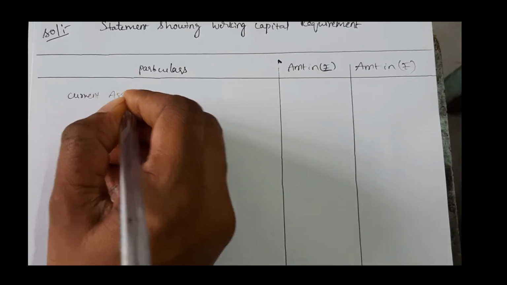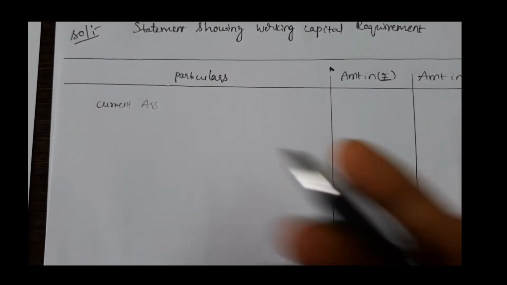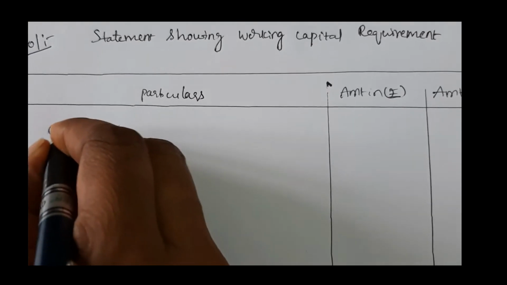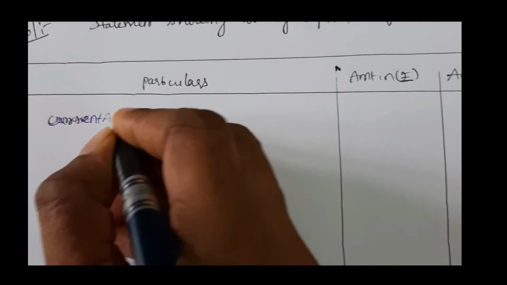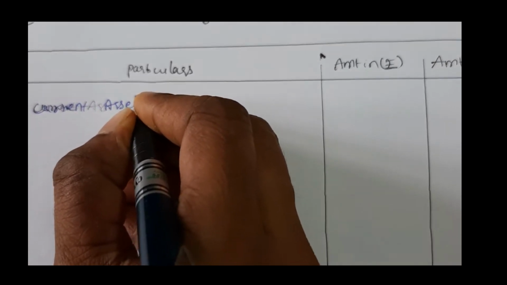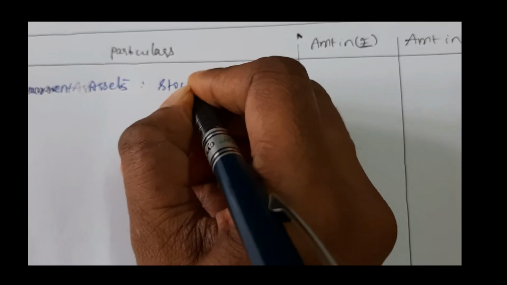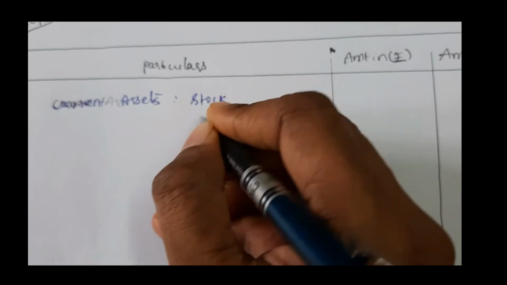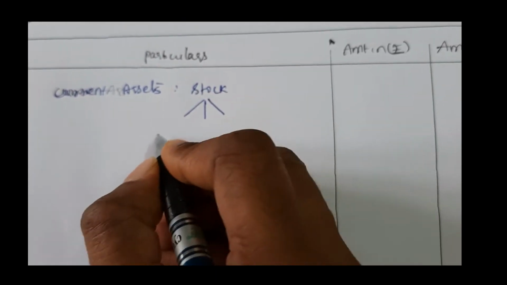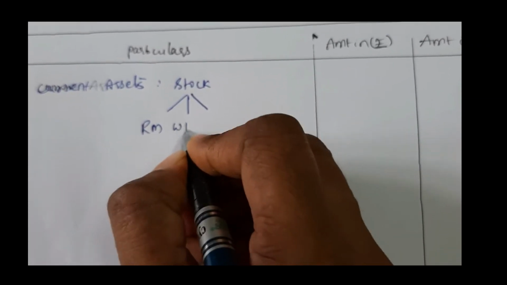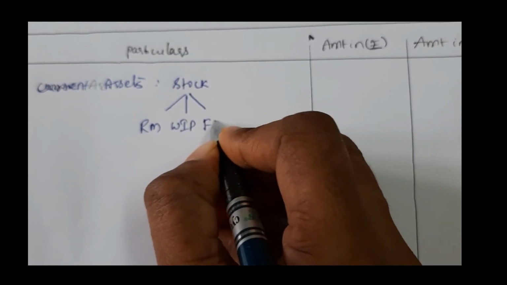So the components of current assets include stock in the form of raw material, work in progress, and finished goods.